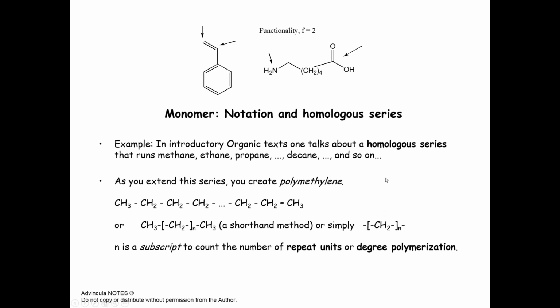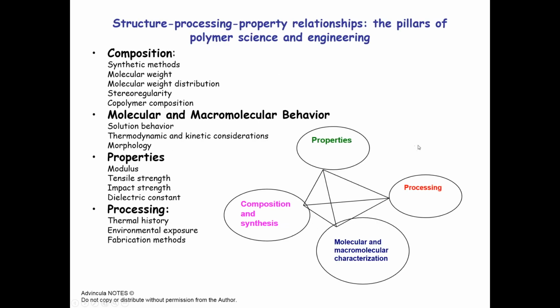In organic chemistry, we call this a homologous series of a molecule with increasing number of units. Or we simply refer to them as polymers or oligomers, made up of n number of repeat units of the monomer. Now, we will learn, briefly, that a polymer is not as simple as synthesizing the molecule.